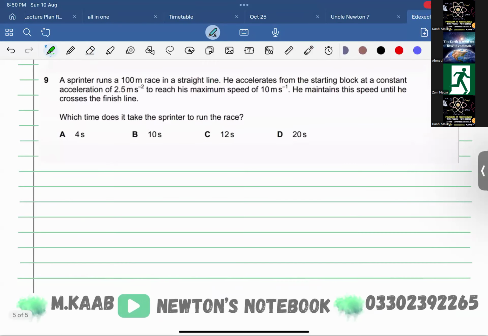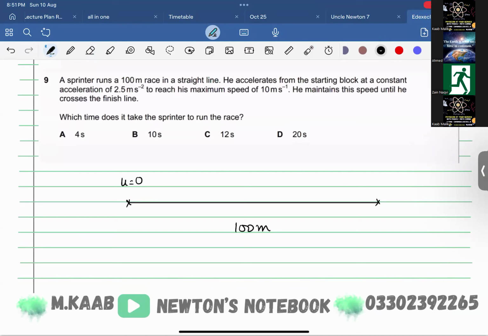Now they're saying it is a 100-meter race. Okay, be very careful. The sprinter accelerated from the start at a constant acceleration. What is going to be the initial speed? 0. Very good. Zero. And it is a 100-meter race, right? But did he run all the 100 meters with a constant acceleration?